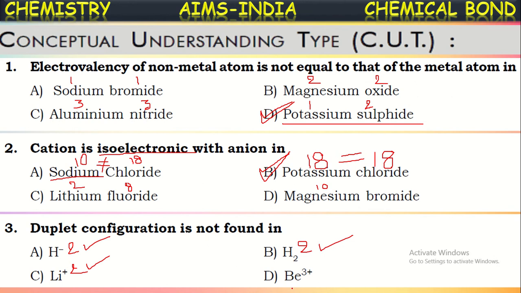Out of 4, it lost 3 electrons, so it remained with only 1 electron. Existence with 1 electron is not called duplet configuration. It should have 2 electrons in its first shell and that should be the last shell. Then it is called duplet configuration. So these three have duplet configuration except Be plus 3. So this is the ion which is not having duplet configuration.